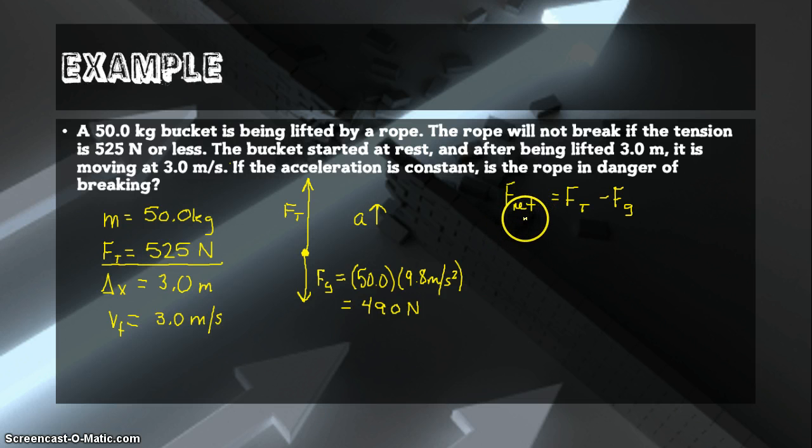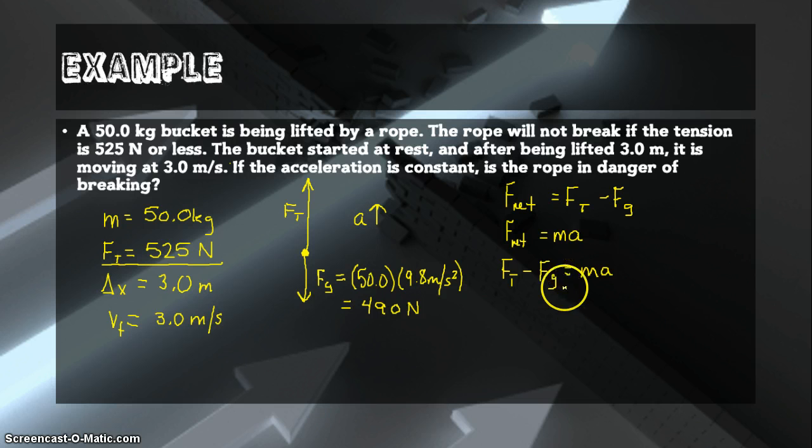So the net force is obviously what's going to be causing our acceleration. We know that the net force is equal to mass times acceleration. So given that, we have that the tension force minus the gravitational force is equal to the mass times the acceleration.